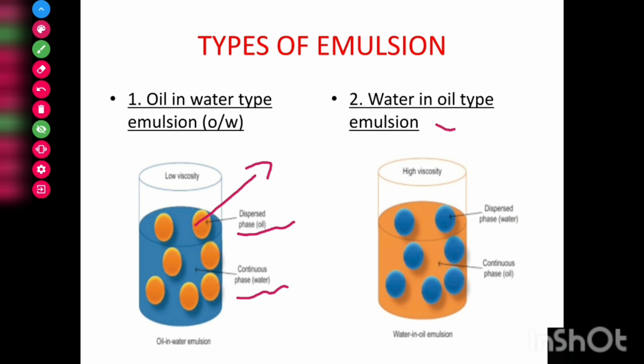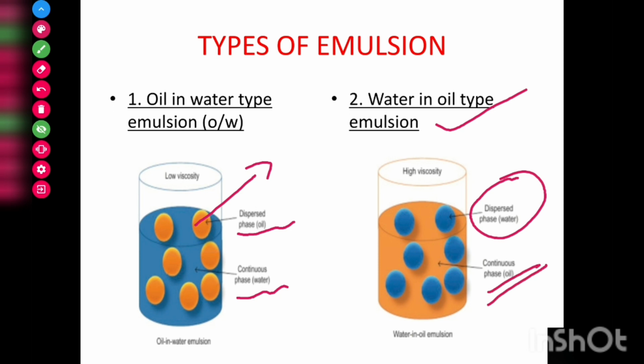And the second one is water in oil type emulsion. Here water is dispersed as small globules in oil. Like this, water in oil type emulsion is formed. Here the dispersed phase is water and the continuous phase is oil.